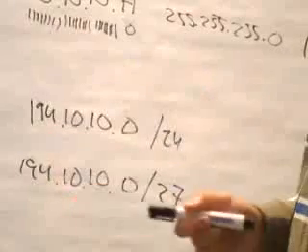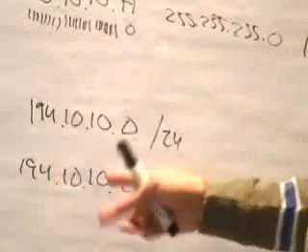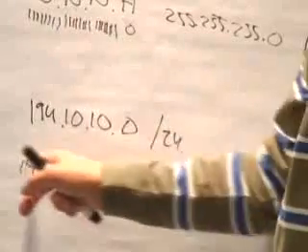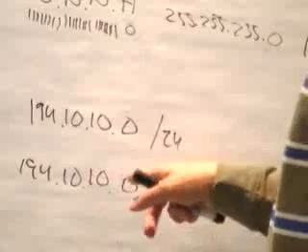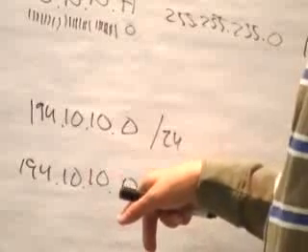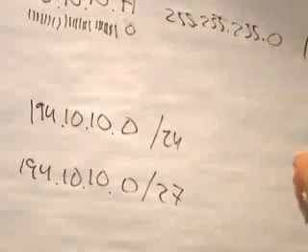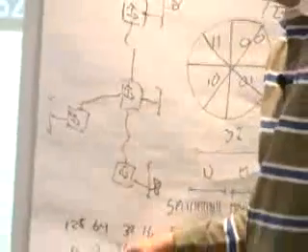That's one of them. The other is the subnet where all the borrowed bits are zeros. Remember we borrowed bits, right?